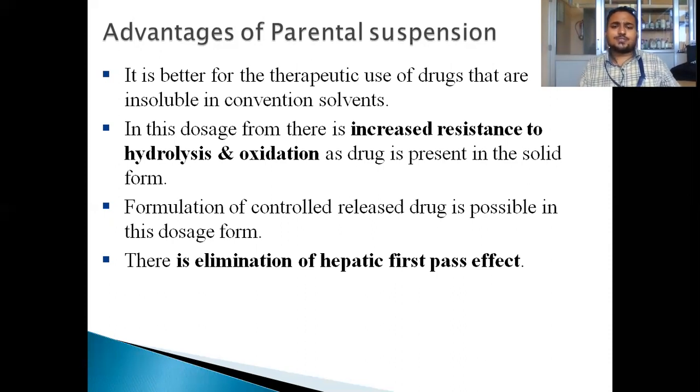There is also increased resistance to hydrolysis or oxidation, as the drug is present in solid form. Some drugs are prone to hydrolysis and oxidation, so in suspension form they have a higher resistance.